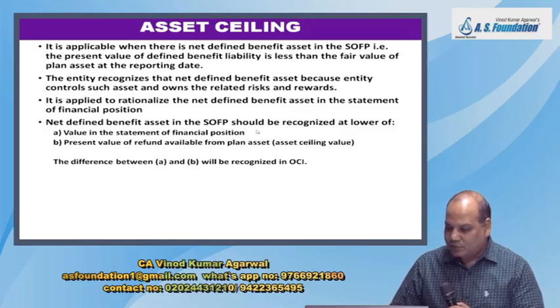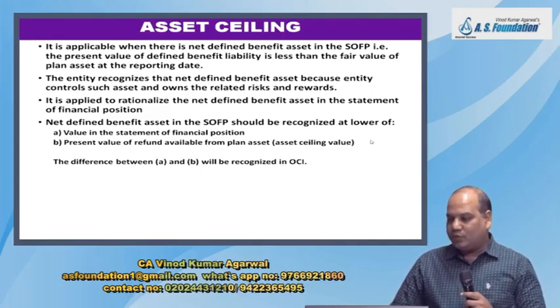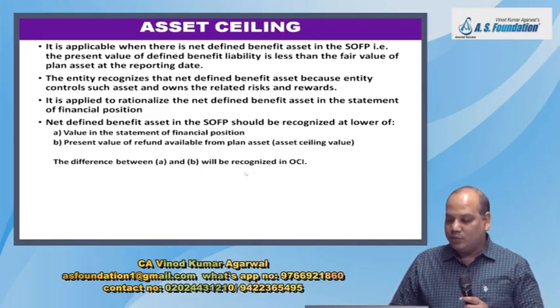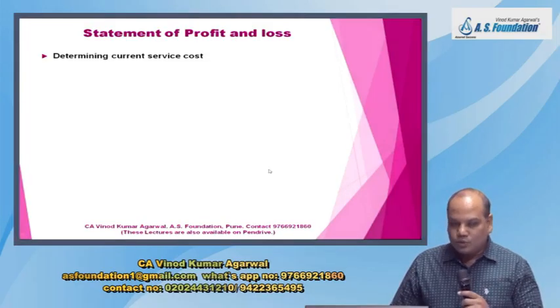I had given one example, 120 minus 120, and then I will calculate the present value of any refund available from plan asset. Let us assume this is 16. So I will keep the value of the asset restricted to 16, net asset 16. And what about the remaining 4? The remaining 4 will be treated as a loss, and this loss will be recognized in OCI.